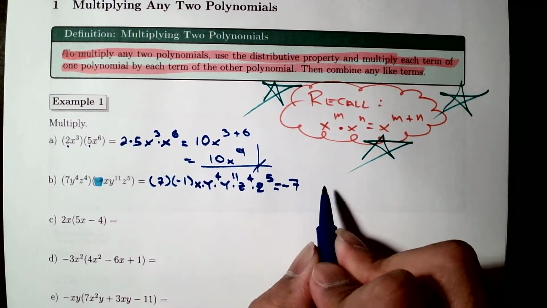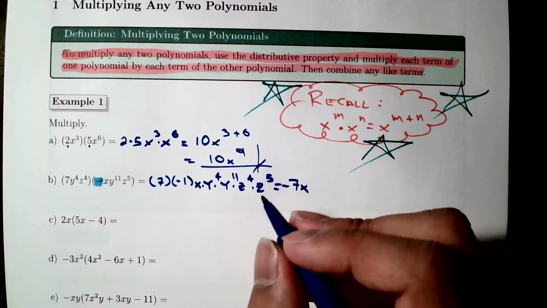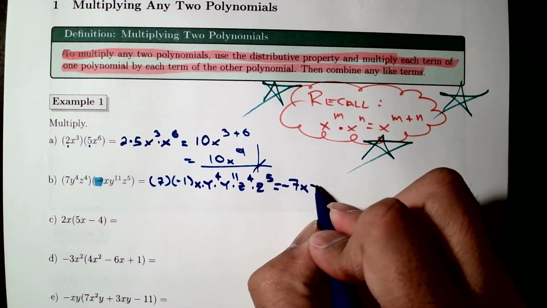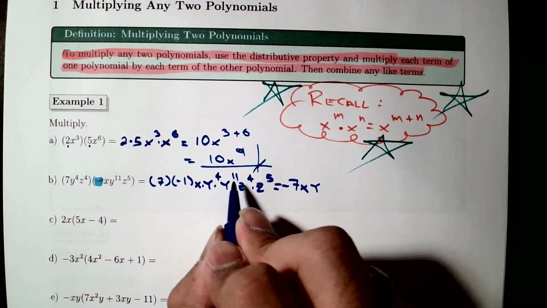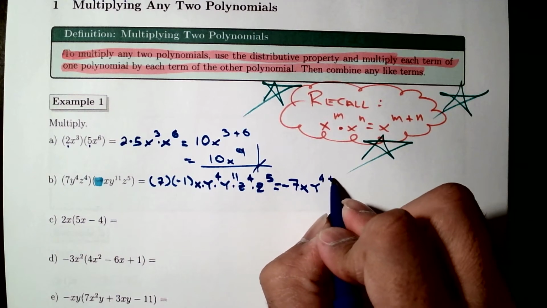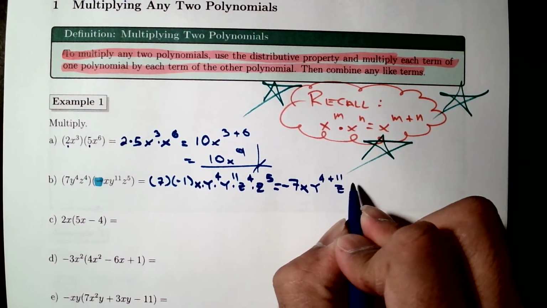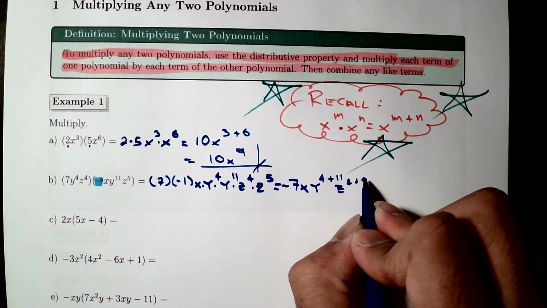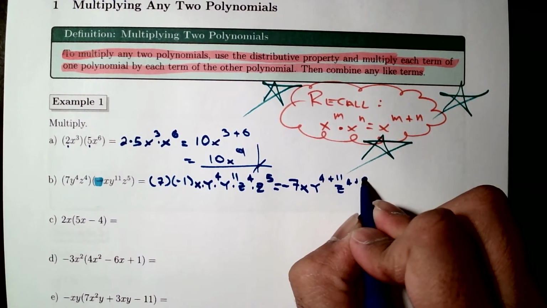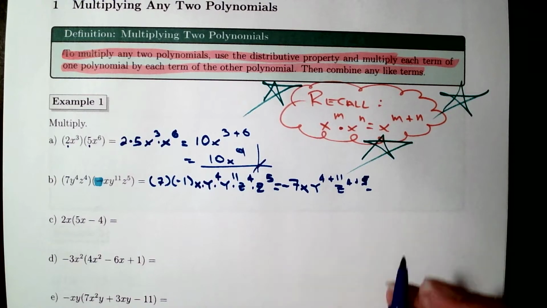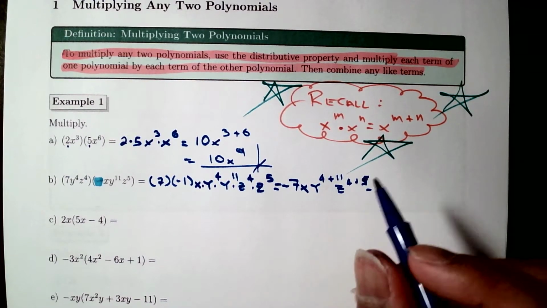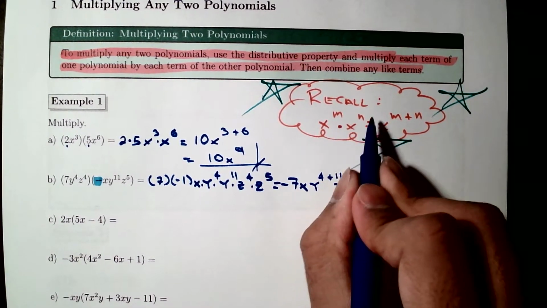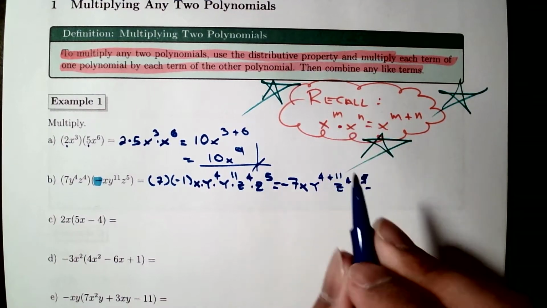And for x, that's the only x. Then y to the 4 plus 11, and z raised to the 4 plus 5. So in this case, let's simply add the exponents using the law of exponents that we just recalled.